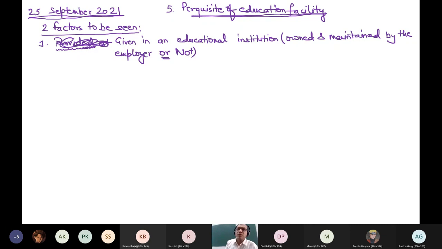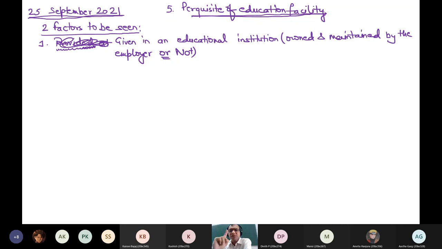Like Shri Ram College is an institution, Hindu College an institution, Hansraj an institution, IIM Ahmedabad an institution. So these all are institutions. But many times there may be some small private places like maybe some dance academy or any diploma course, not in any institution, but at any place. Maybe there is a two-room accommodation where education facility is provided.